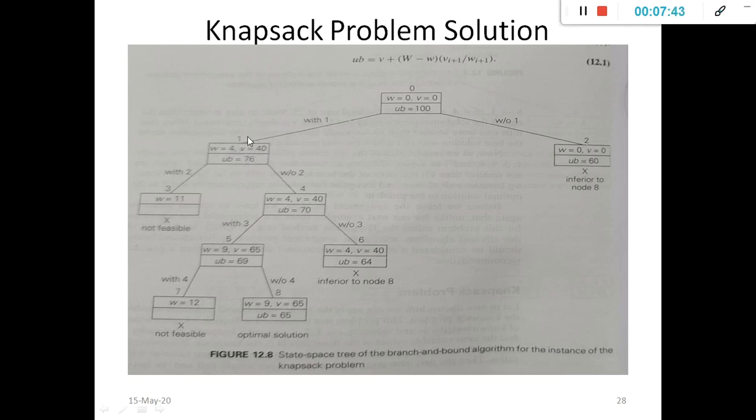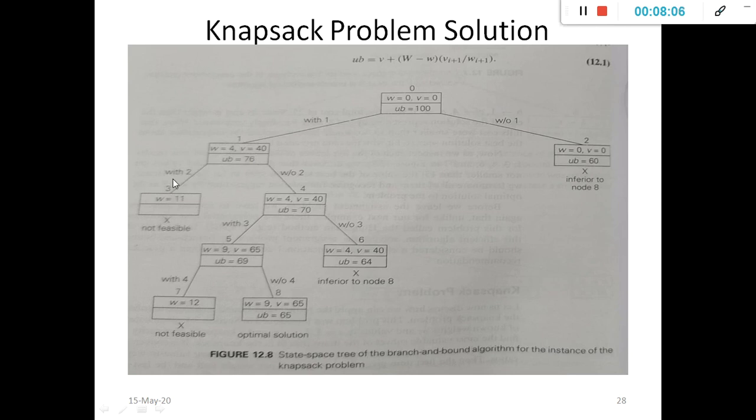Now you have to expand node 1 further with again two possibilities: whether you want to include item 2 into the knapsack or you want to go without including item 2. So let us see what happens when you include item 2 into the knapsack.